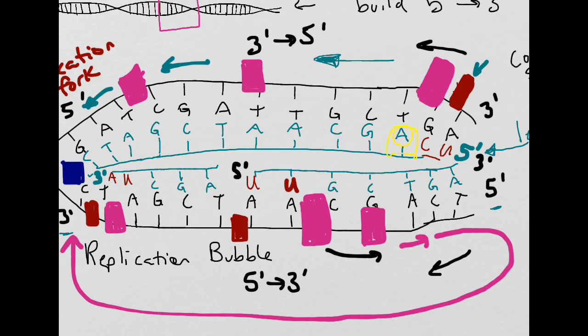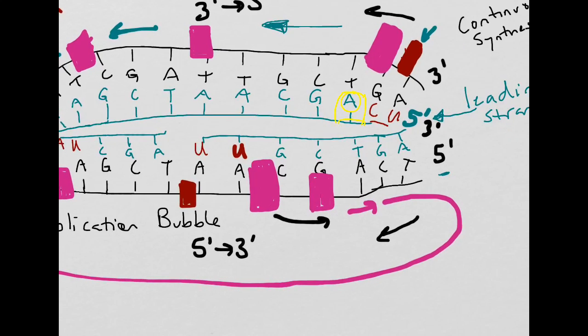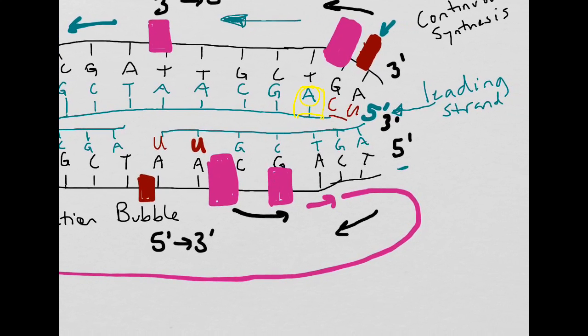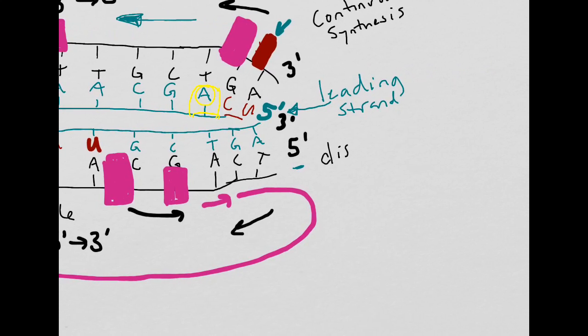Okay? All right, so now what do we see there? I'm going to erase this guy, this 5' in my way. Get rid of him. So now what do we see? Well, we have fragments. We don't have continuous synthesis. We have fragments. Okay, so this type of synthesis is called discontinuous synthesis.